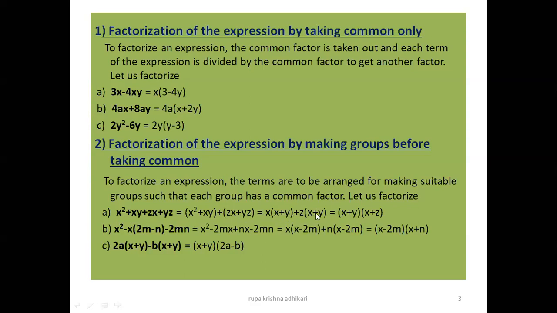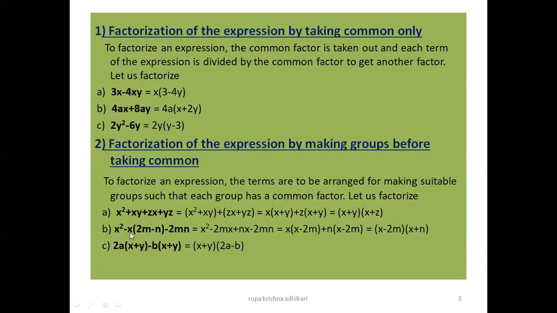So here a group has come to be common. So x plus y, take it as common factor. Now what is left? If x plus y is taken, x plus z is left. So x plus y into x plus z. Hence the factors.